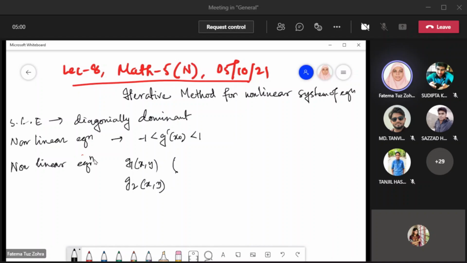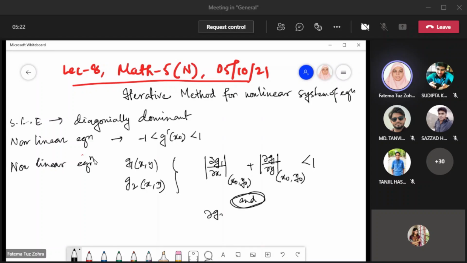So in that case, the condition is: the absolute value of del g1 del x at the starting point, plus the absolute value of del g1 del y at the starting point, is less than 1, and the absolute value of del g2 del x at the starting point plus the absolute value of del g2 del y at the starting point is less than 1.